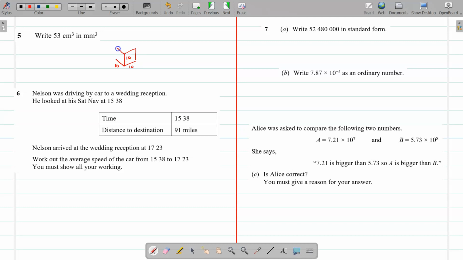Then you can see that that's 1,000. So basically you just need to take this number here and times it by 1,000. So it's 53,000 millimeters cubed.